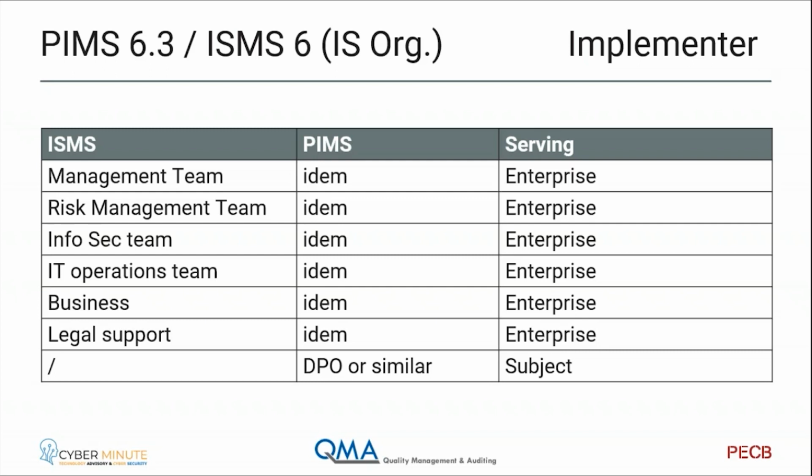The only thing that might be different in this function is that the DPO or similar is actually there on behalf of the data subject, while the other typical ISMS functions are defending the company. So they're serving the company, the enterprise, and the DPO is slightly different because he's serving the subject. Very important, and the GDPR, for example, has added some articles to support that function in that sense. So I highly suggest having a look at it and understanding what the DPO is doing.